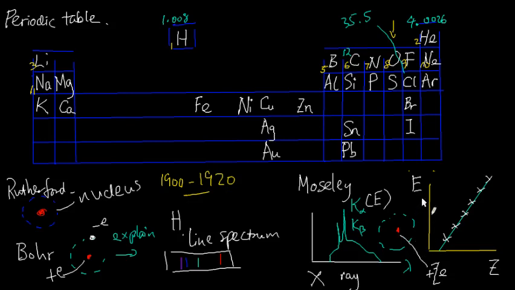One of the puzzles at that time was why this atomic number is about half the value of the mass number. If you look at helium, the atomic number is 2, but the mass number is 4. At that time, people didn't know about neutrons. That came a few years later.